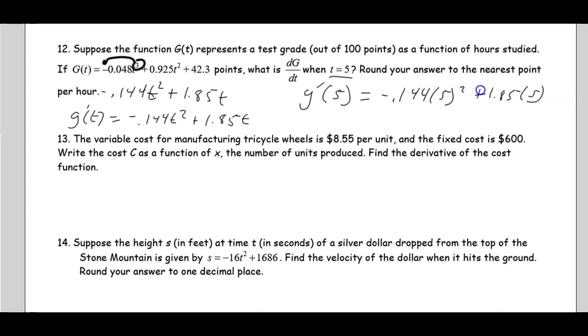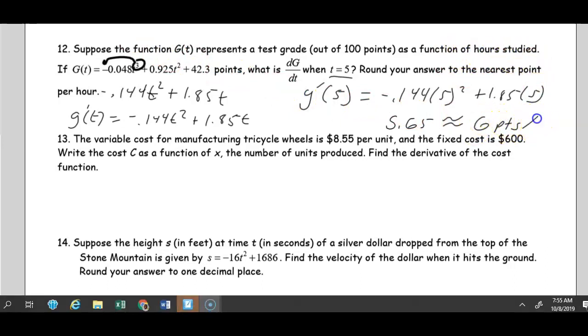All right, when we do that, it gives us 5.65. All right, it says round your decimal to the nearest point, so 6 points, and since it says the function of hours studied, so 6 points per hour.